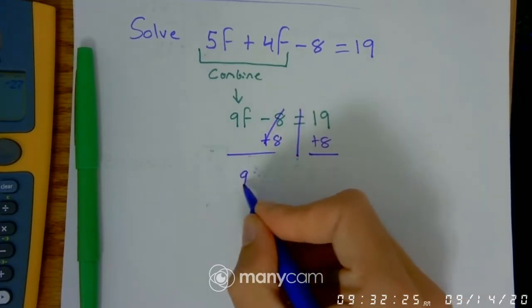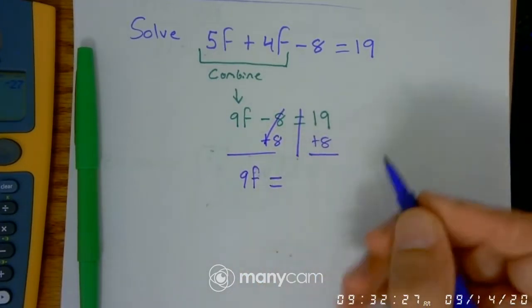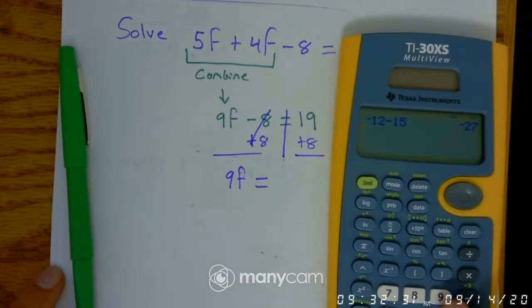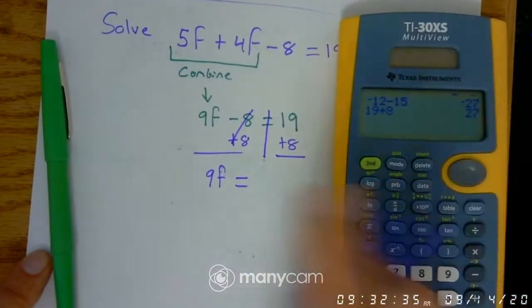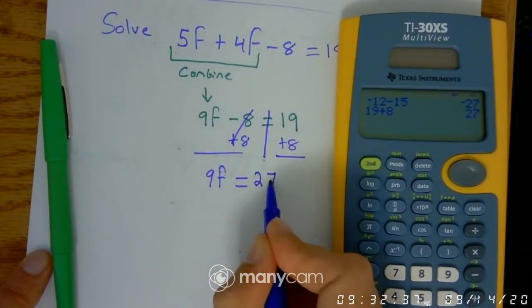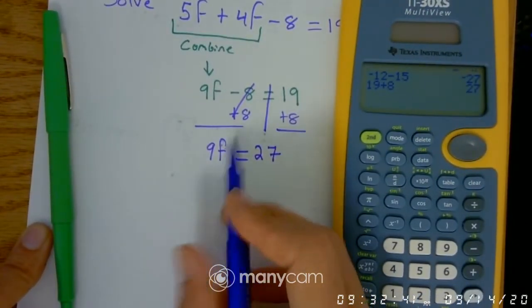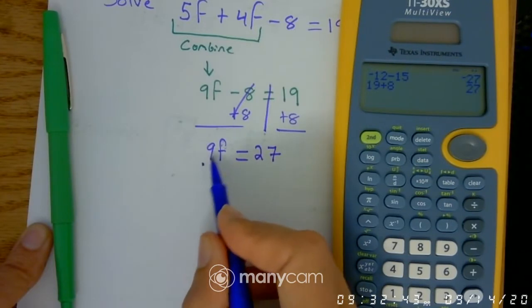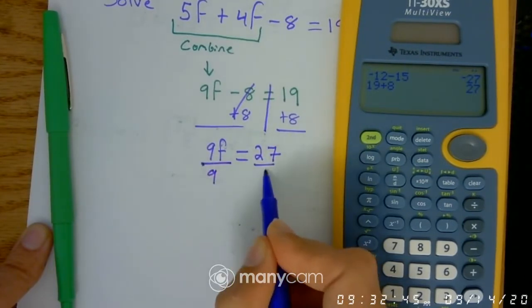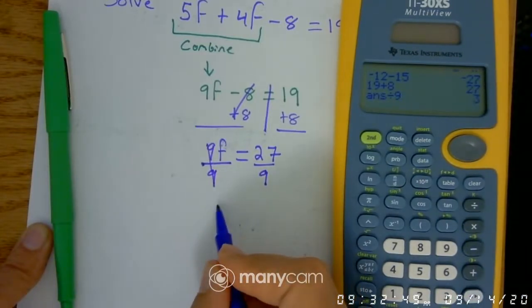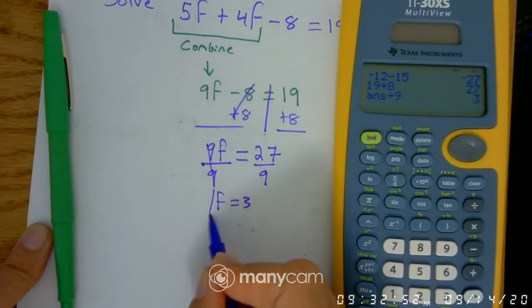So I get 9f equals, and I just want to show you guys, I'm using calculators too, 19 plus 8 equals 27. Okay, and now I still don't have my f, so I'm not done yet. It's 9 times f, so I'm going to divide by 9, and I get f equals 3.